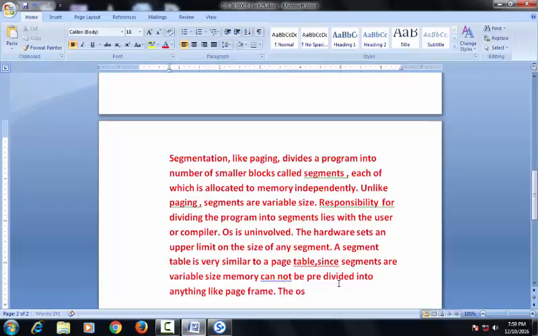The operating system must maintain a free list and allocate segments to memory holes.